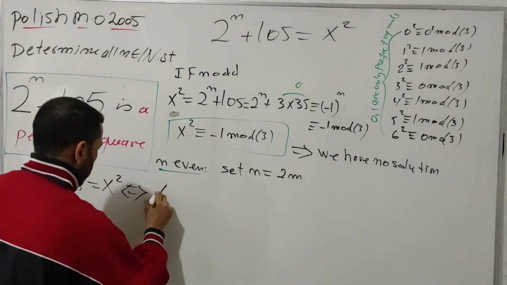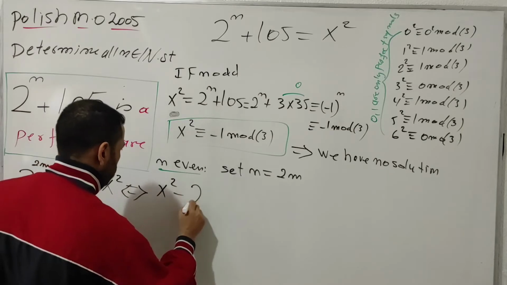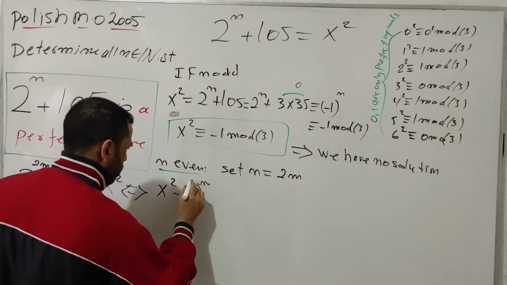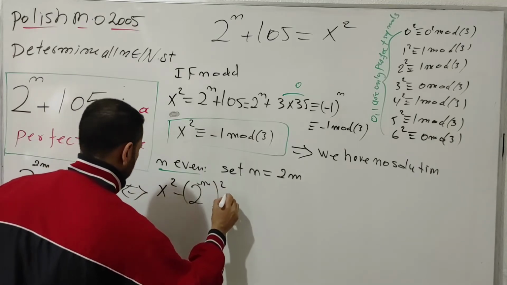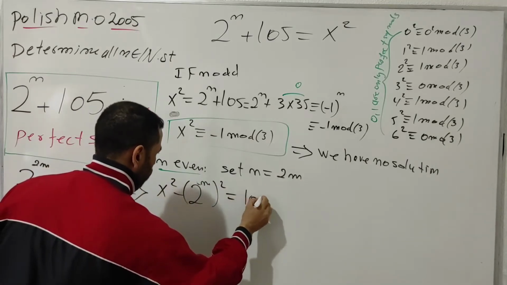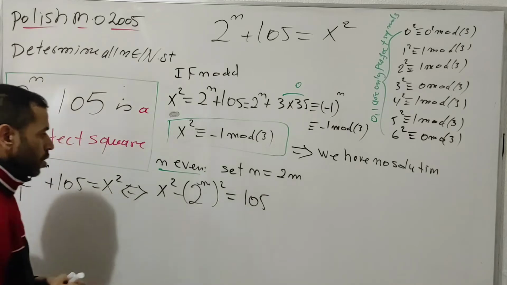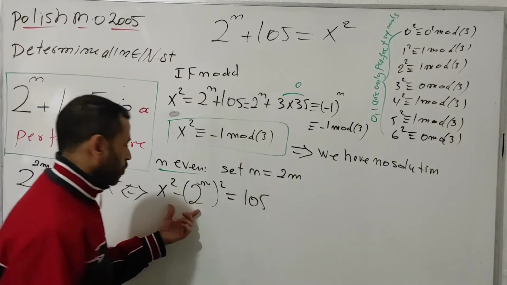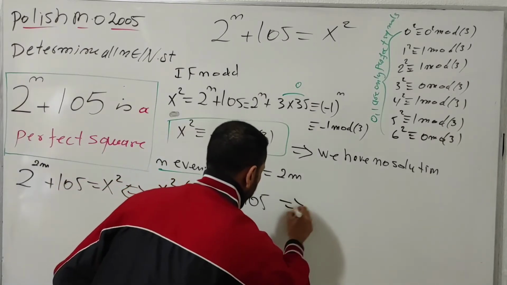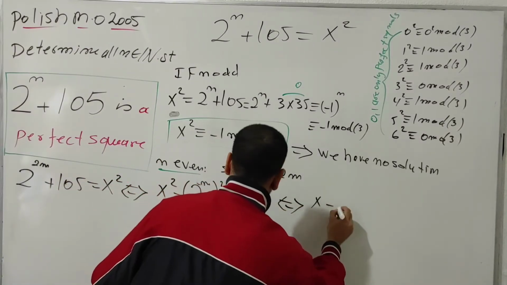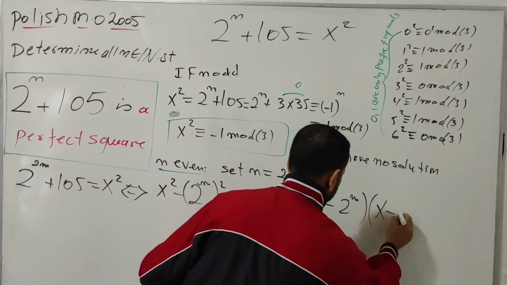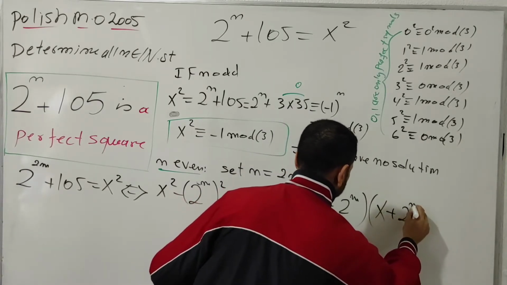I will get x squared minus 2 to the 2m, which is the quantity 2 to the m squared, equals 105. If you take a look here, I have the difference of two squares. I'm going to factor this: we'll have x minus 2 to the m times x plus 2 to the m.